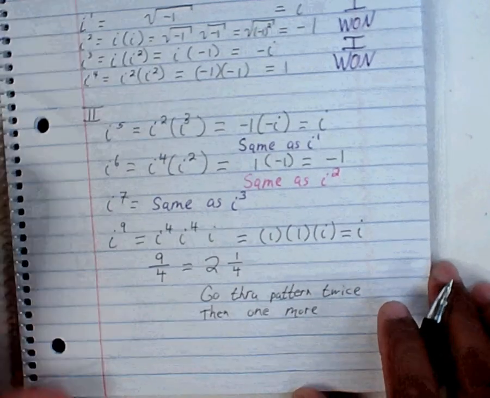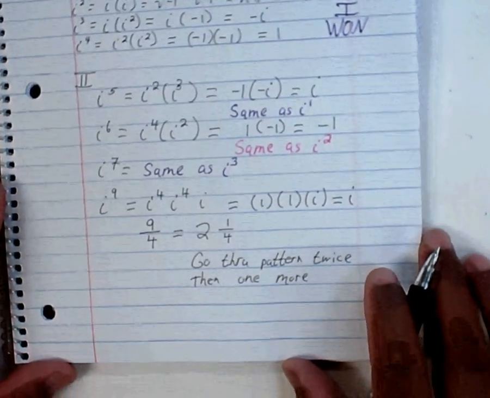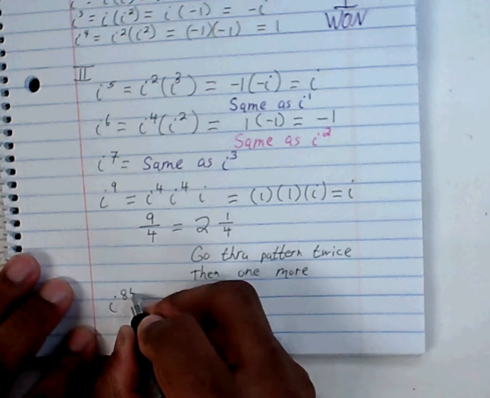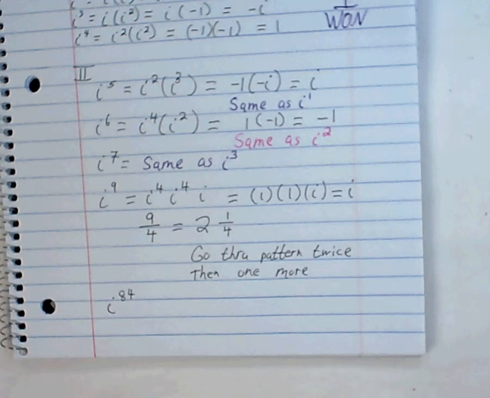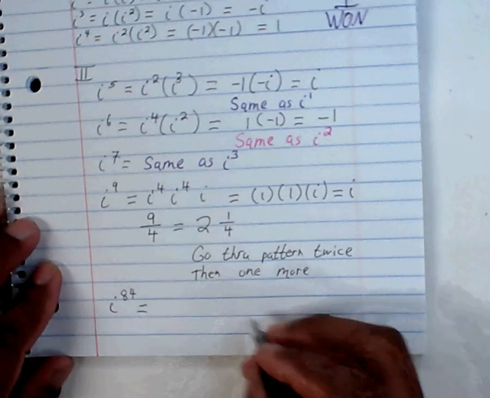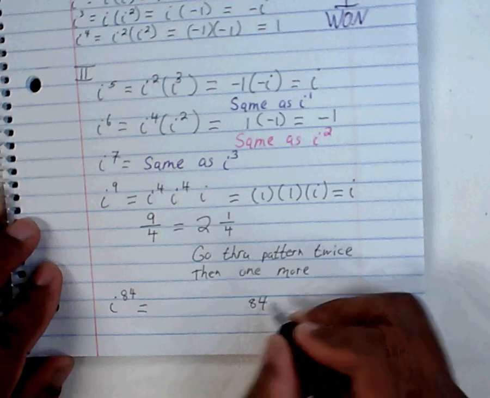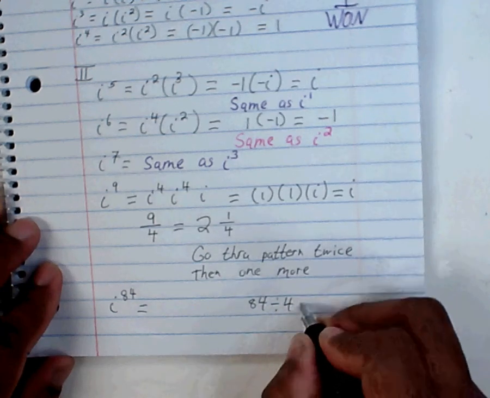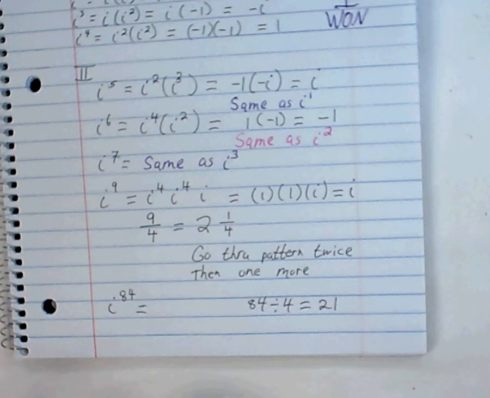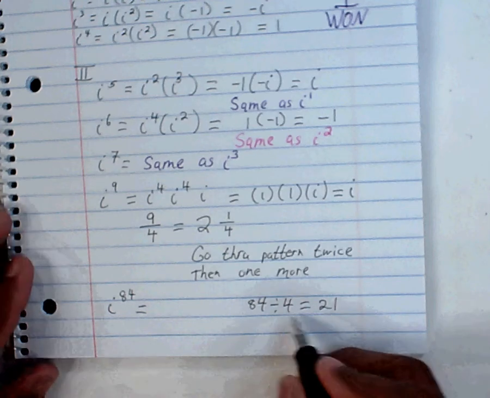Why is that beneficial? Well, because we are going to make the exponent something like 84. And so when I think of i to the 84th, I'm trying to figure out what that is. 84 divided by 4 gives me 21. So I go through the pattern and have to count through, 20 times, because 20.